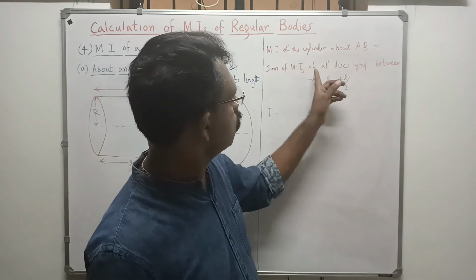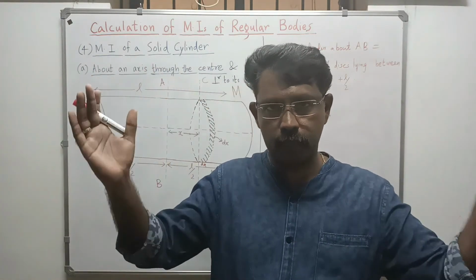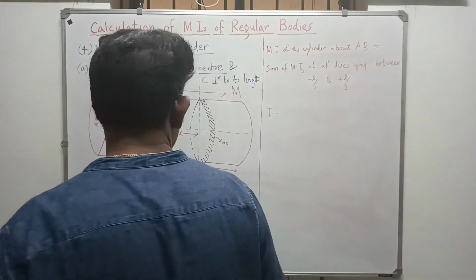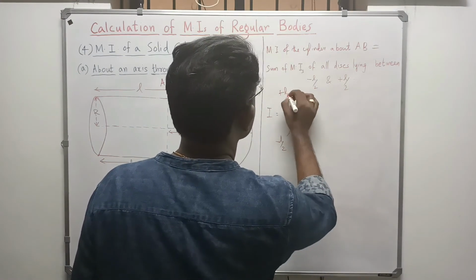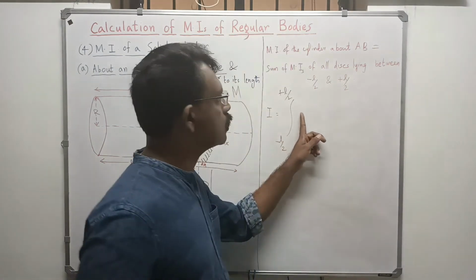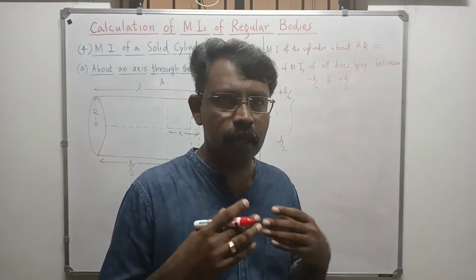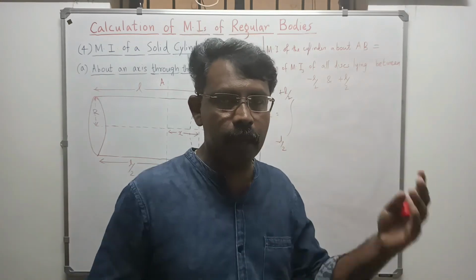So sum of moment of inertia of all disks lying between minus L by 2 and plus L by 2, integrating that, I will obtain the integral from minus L by 2 to plus L by 2. Our first term here was m by L. So for easiness, instead of m by L, you can take rho, otherwise you will have to write m by L everywhere.